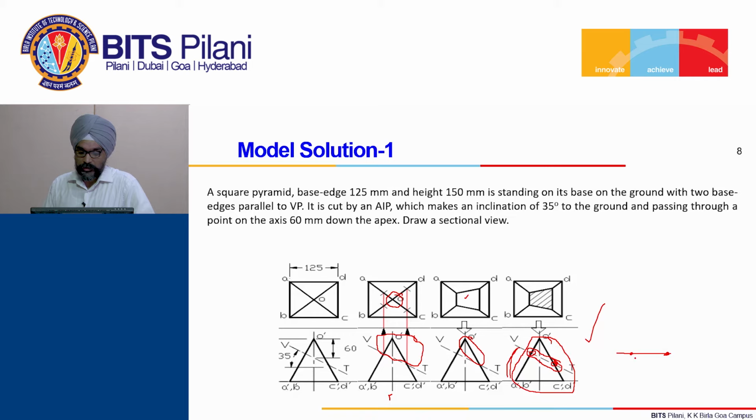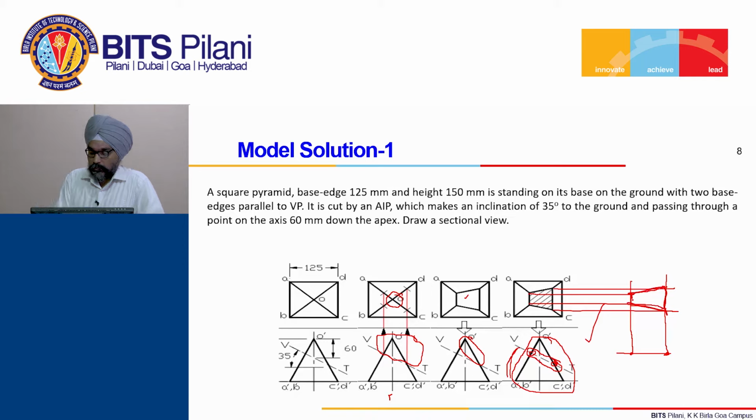Then for the true shape, from here and from here you draw the verticals, and finally from here and here, and from here and from here, you draw the horizontals and join them together, and this way you get the true shape.